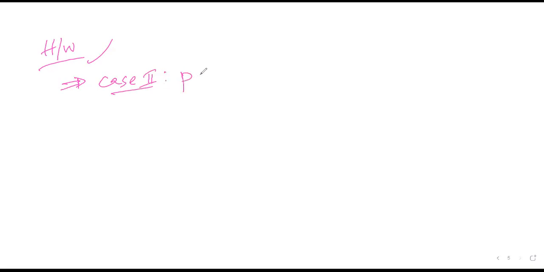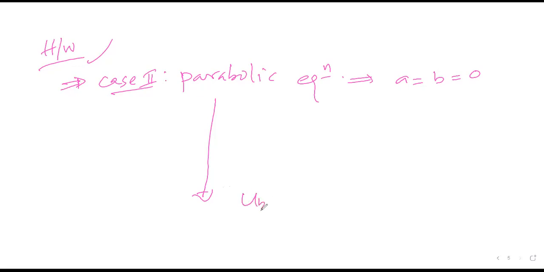The only thing is you have to find out what will happen in case number 2, the parabolic equation. I already gave you the idea. In this case, we will have A and B equal to 0, and you have to derive the canonical form of the parabolic equation from this. Make a space, and this is your homework.